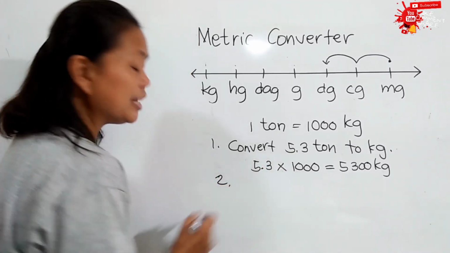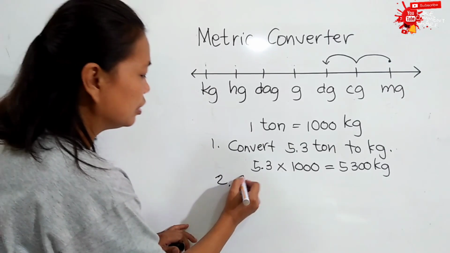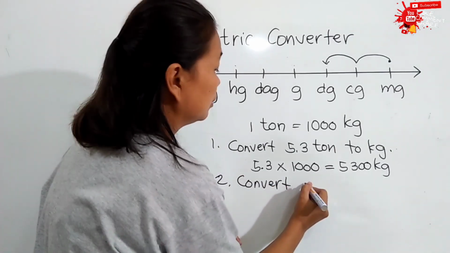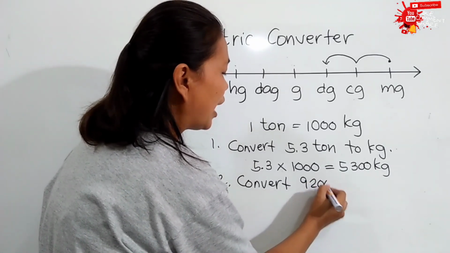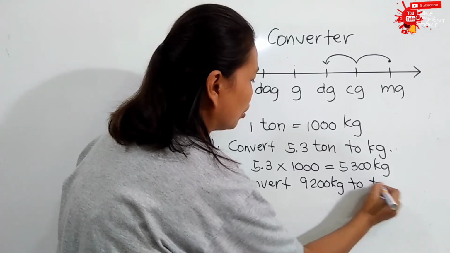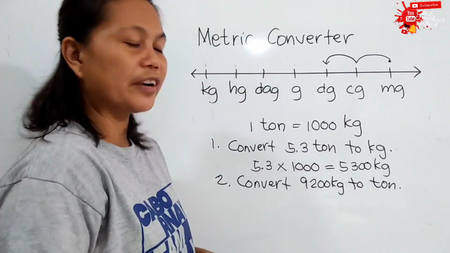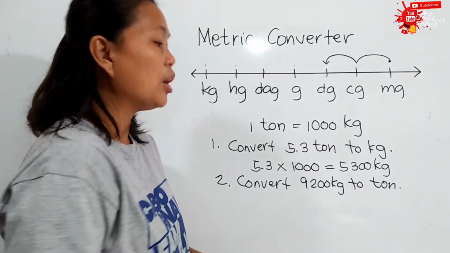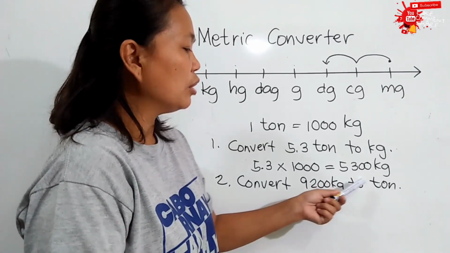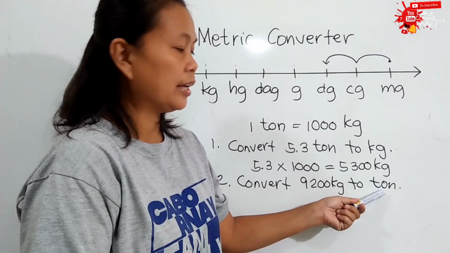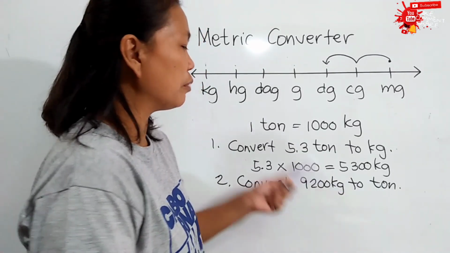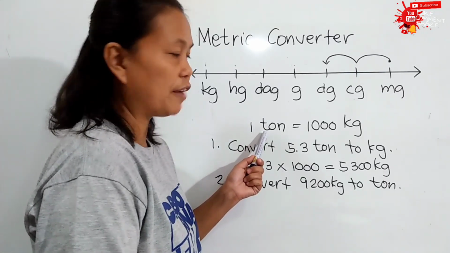Okay, now let us have the second example. Let us convert 9,200 kilograms to metric ton, or ton. Take note that we are converting from kilogram to ton. This is the reverse or the opposite of the conversion factor.